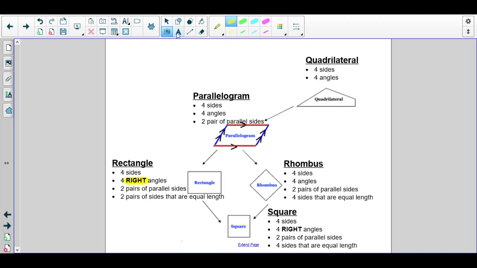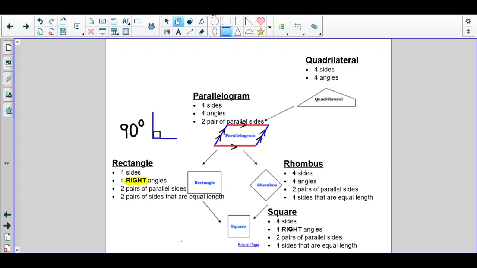Now remember, a right angle is a 90-degree angle, and it looks like the corner on an edge of a piece of paper. So it would come down and then straight across, so that what it ends up doing is making this squared off corner right here.